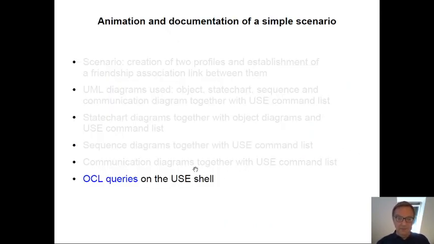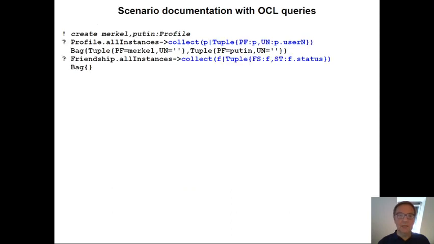Okay, that was the communication diagram used for a simple dynamic behavior, for a simple dynamic scenario. Let's go for the last form of representing the dynamic behavior, namely let's go for representing it with OCL queries on the use shell.